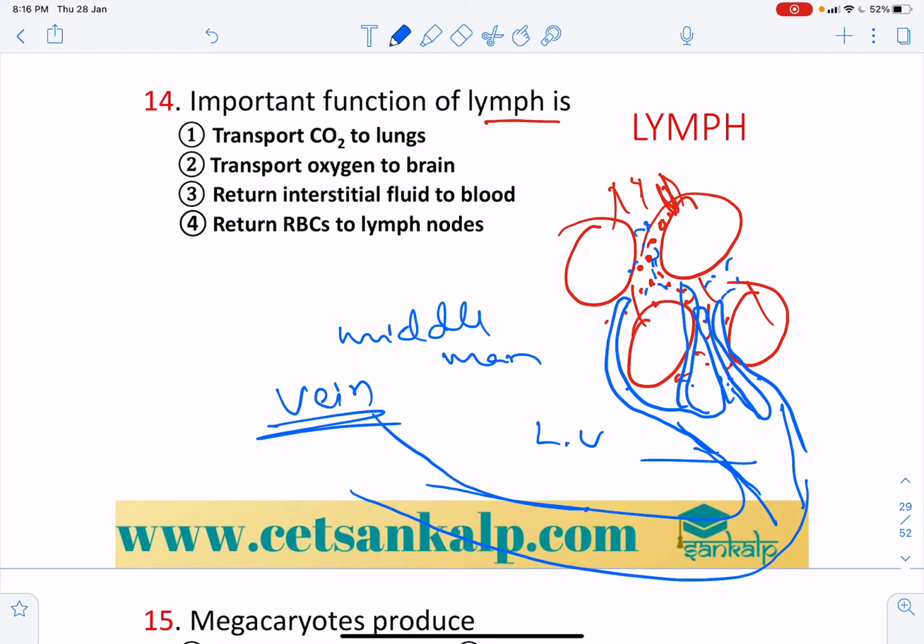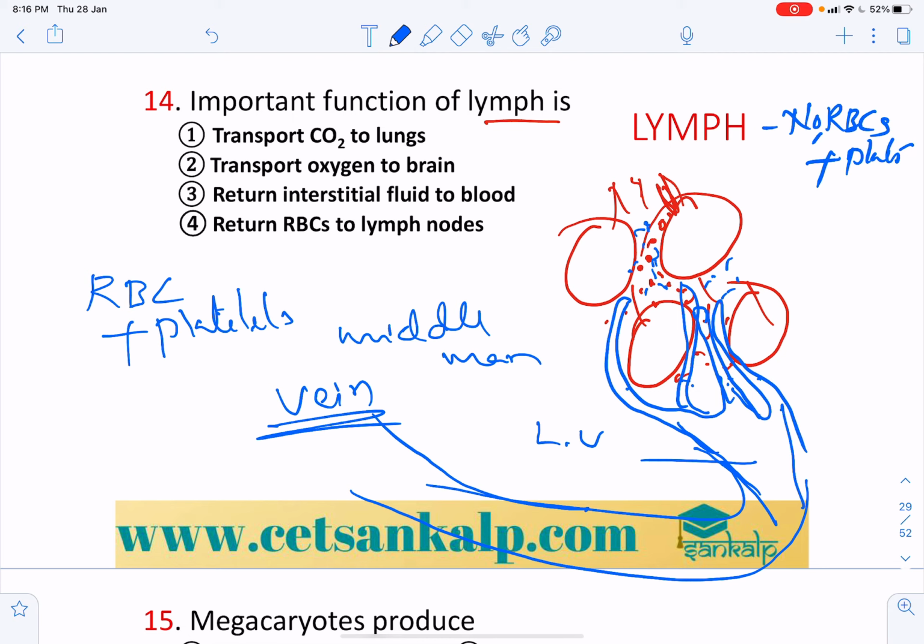In the lymph there are no RBCs and no platelets. They can't pass through the capillaries, but there will be WBCs, white blood cells.